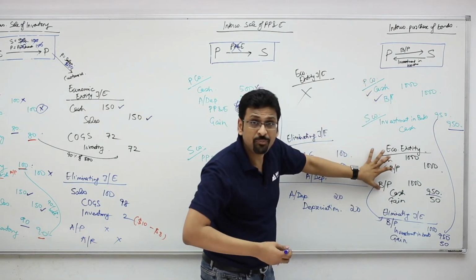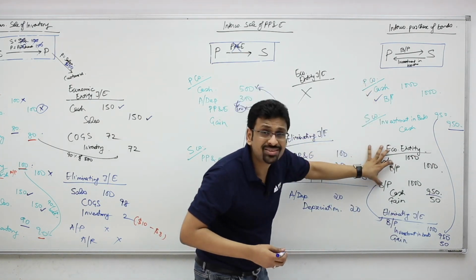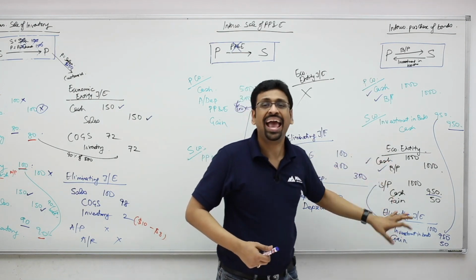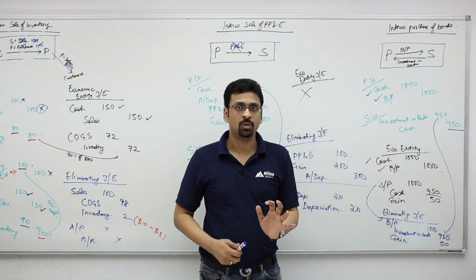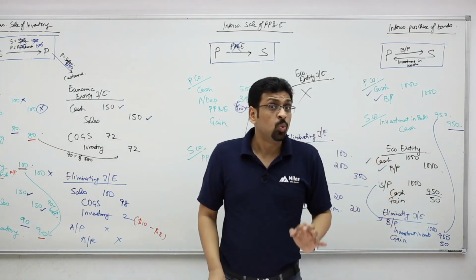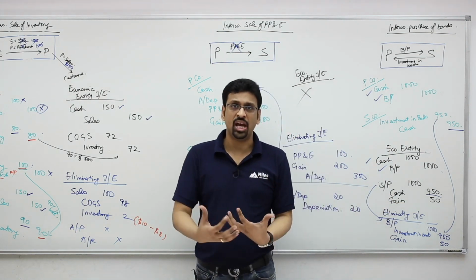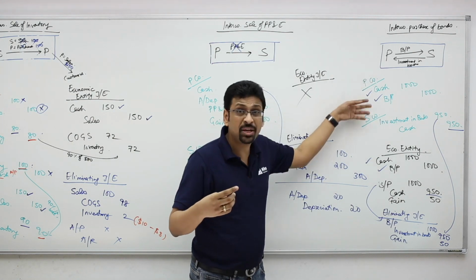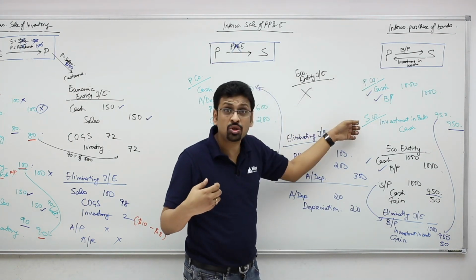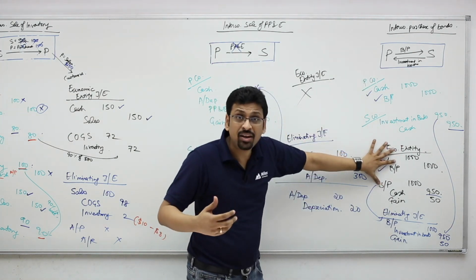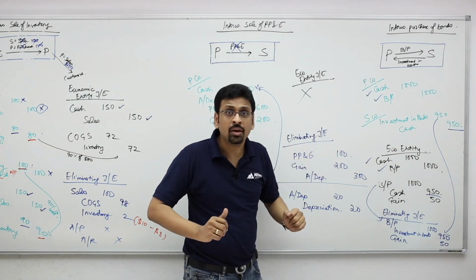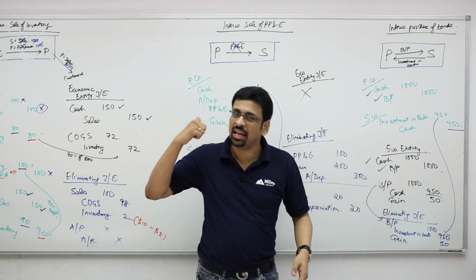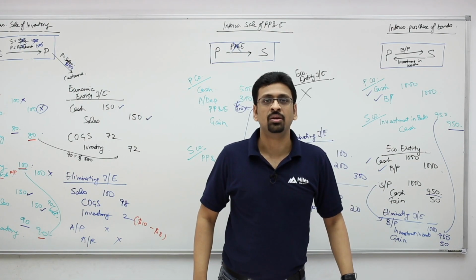This is what should have been done. And the moment you know this, it's very easy for you to create eliminating journal entries. So guys, with this, we're done with intercompany transactions. Again, remember the 3 steps that I follow: what has been done on the parent's and the subsidiary's books, what should have been done as one economic entity, and create your eliminating journal entry.